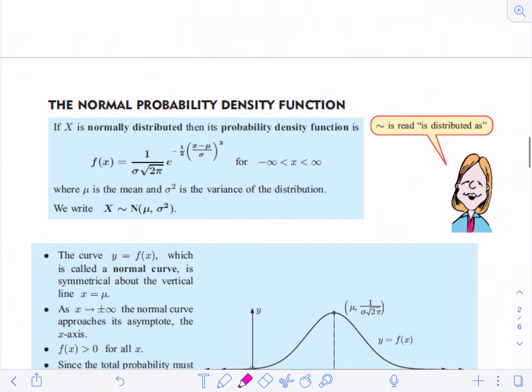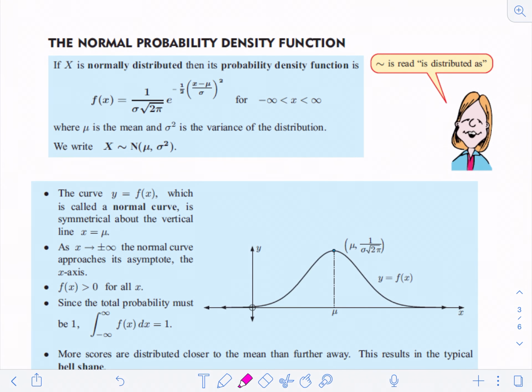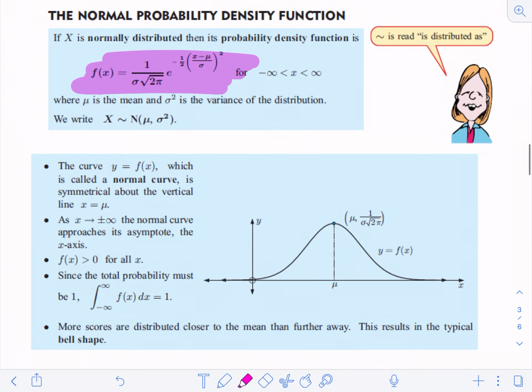So here is our normal probability density function. I'm not going to bog us down on this exact formula, because it's really not something we need to know right now; it's a standard formula for the normal probability density function. But a couple of things I do want you to look at: with a normal probability curve, we do have an asymptote.